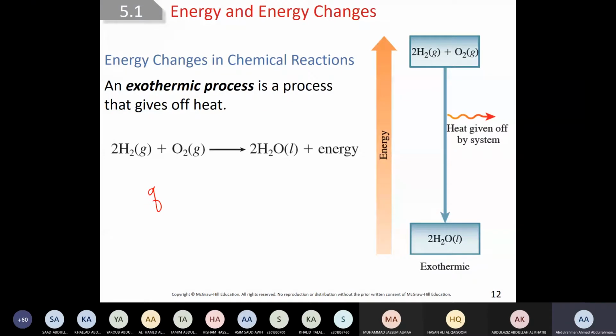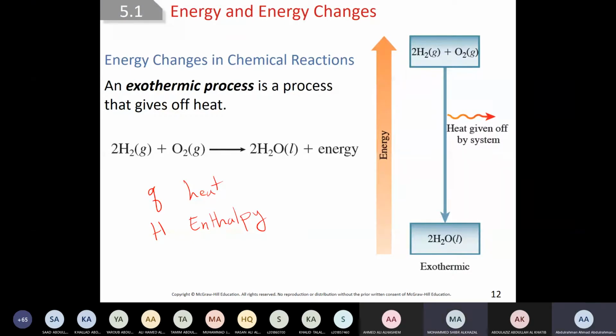Q is heat. And what's H? Enthalpy. You must memorize the name and know the name very well.